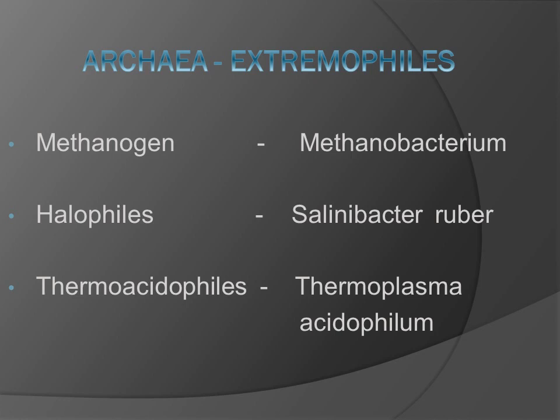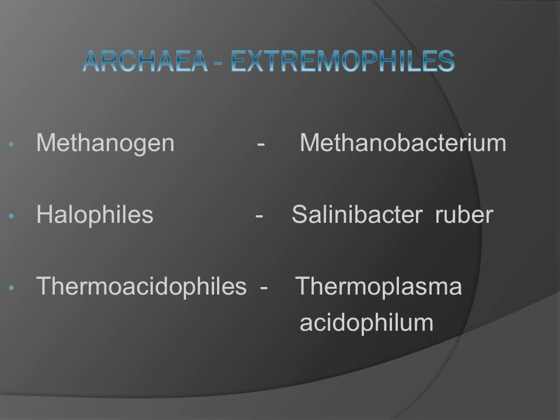This bacteria is useful for the digestion of food for these cattle, and during digestion it produces methane. That's why these bacteria are known as methanogens. One simple example is Methanobacterium, though this example is not given in your text.